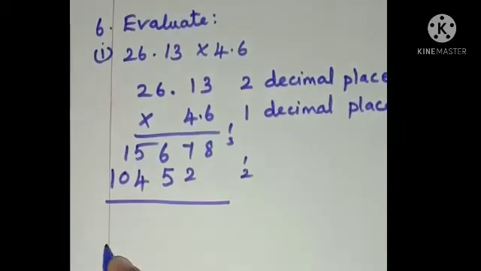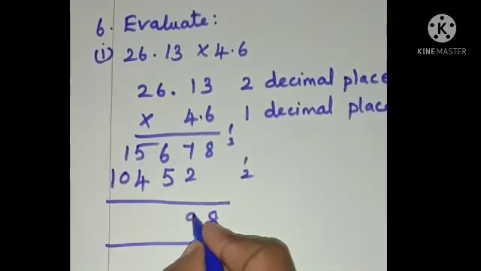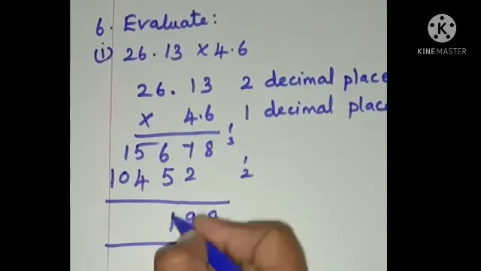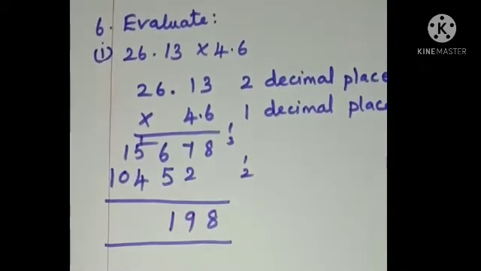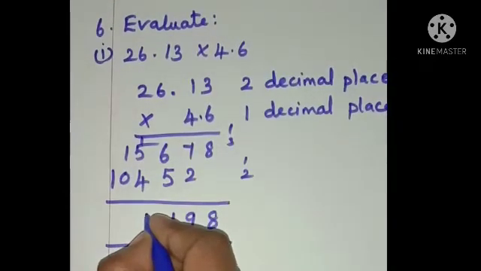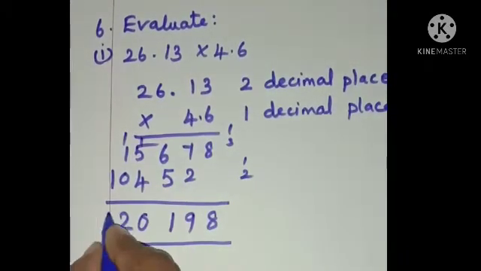Now add: 8, 7 plus 2, 9, 6 plus 5, 11, and 5 plus 4, 9. 9 plus 1, 10. 1 plus 1, 2, 1.